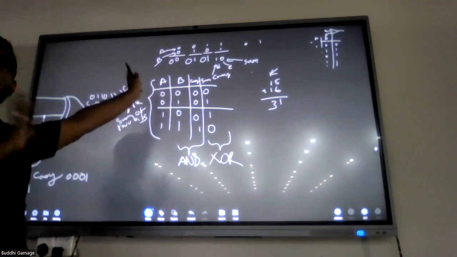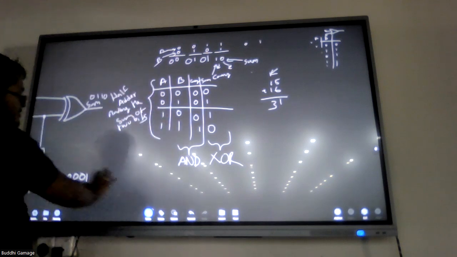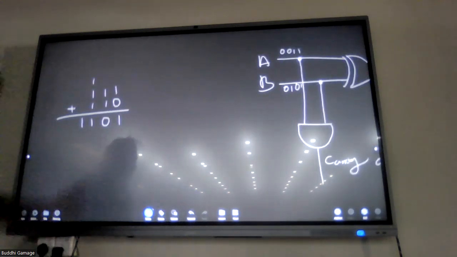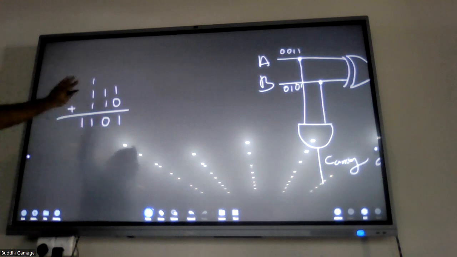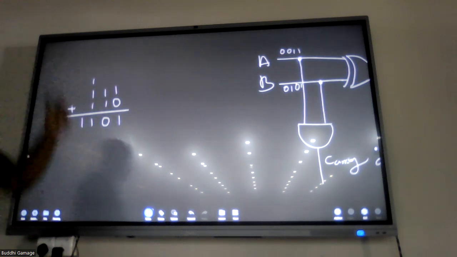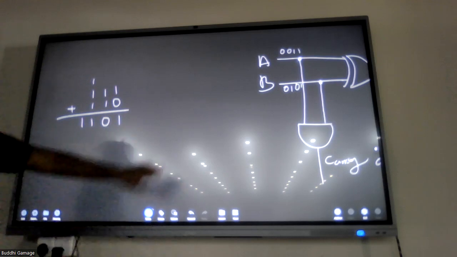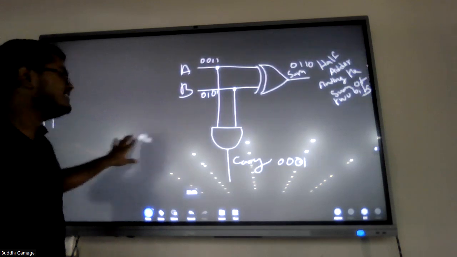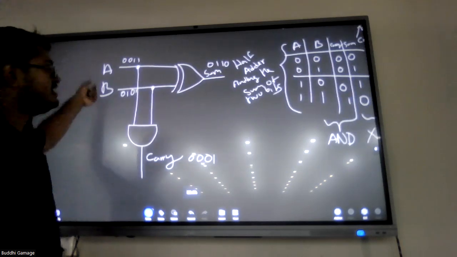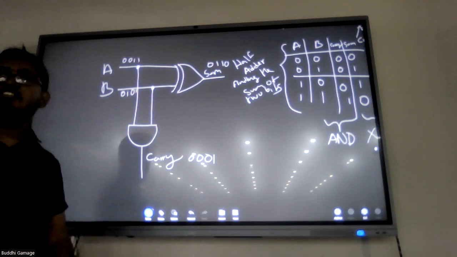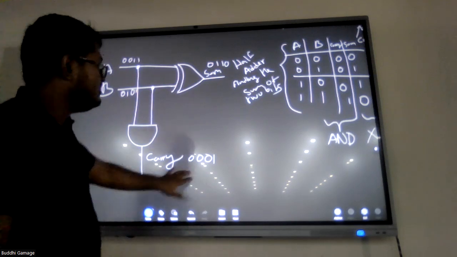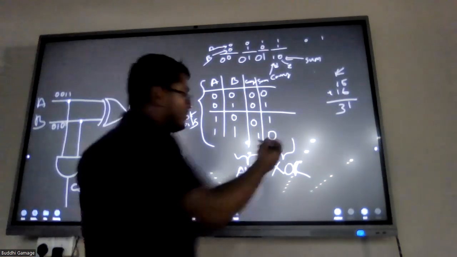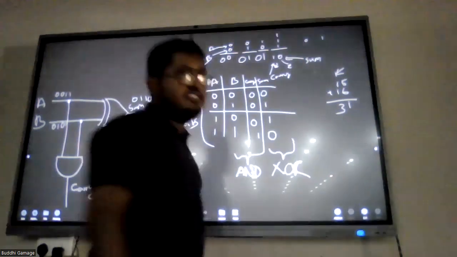But in this particular problem, you need to add 3 bits. Can we add them using this? Simply no. Why? There are only 2 inputs, and we can only add these.